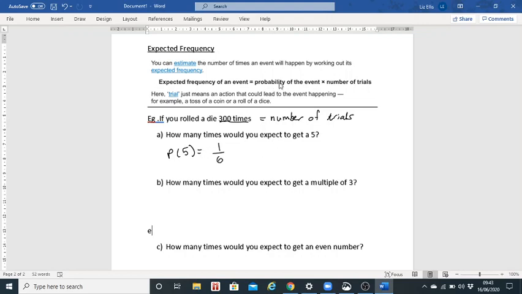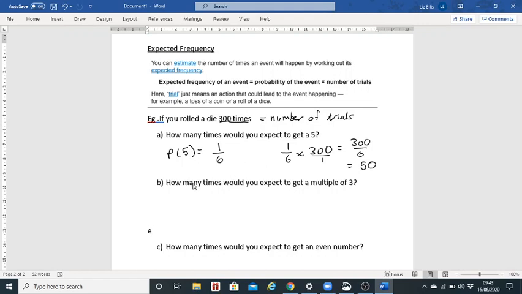So we're going to take that probability of the event and times it by the number of trials. So it's going to be 1/6 times 300. Now remember, we can make that over 1, times the top, times the bottom, and 300 divided by 6 is 50.